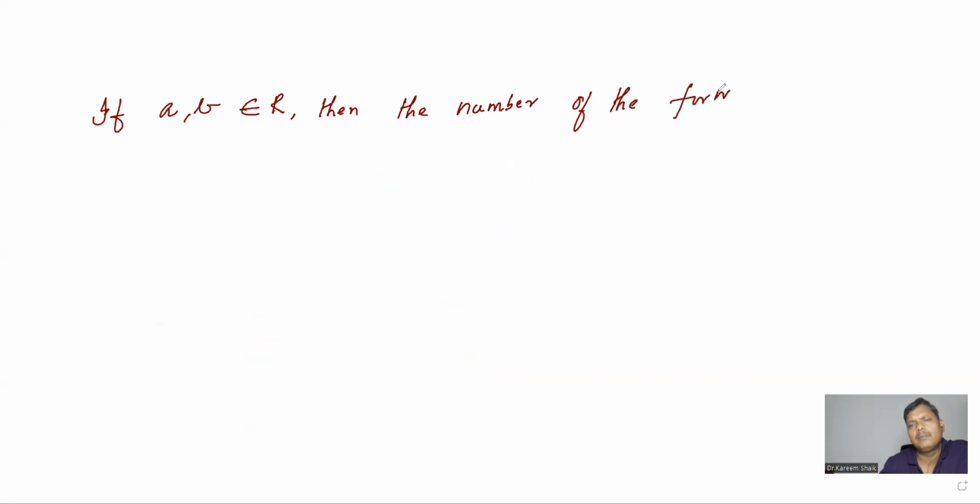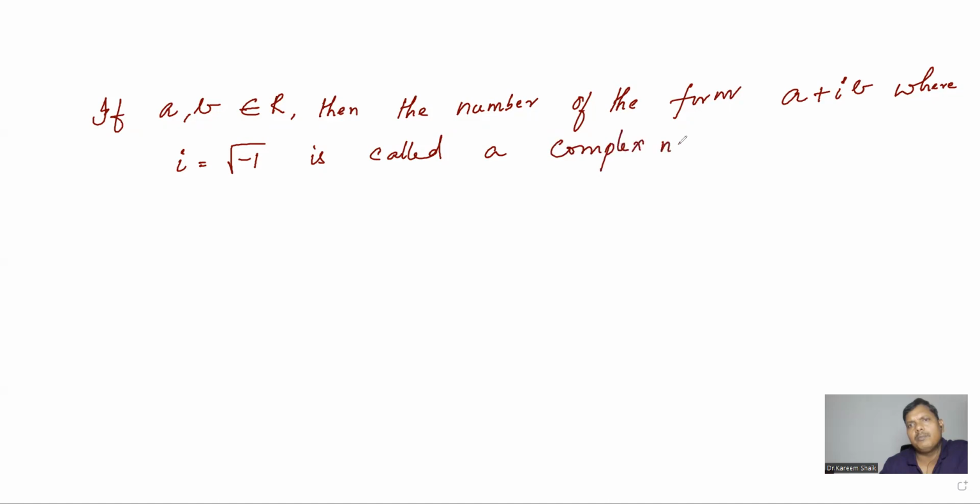Definition of a complex number: if a, b belong to real numbers, then a number of the form a plus ib, iota b, where i equals square root of negative 1, is called a complex number.